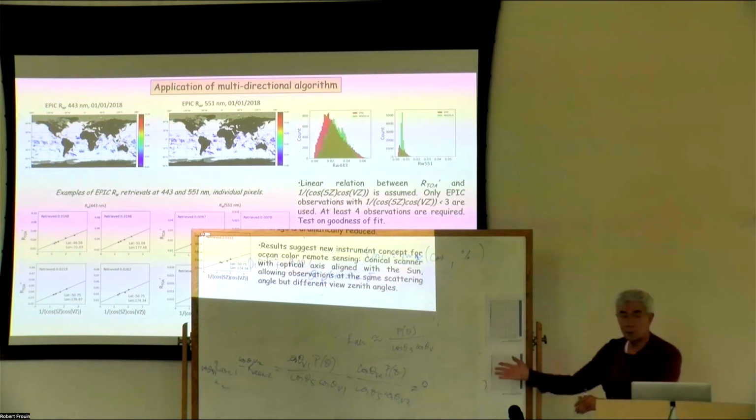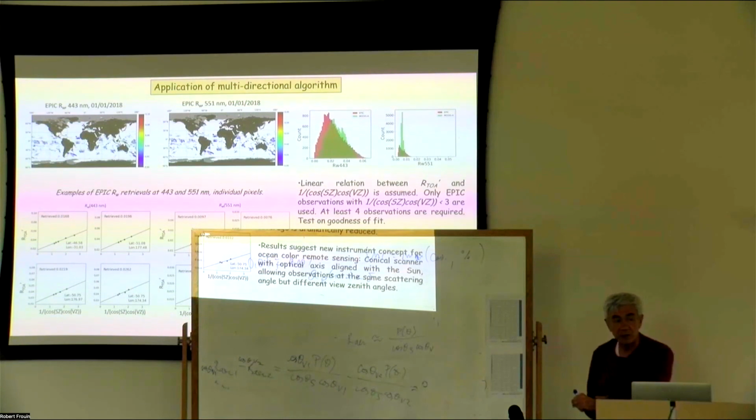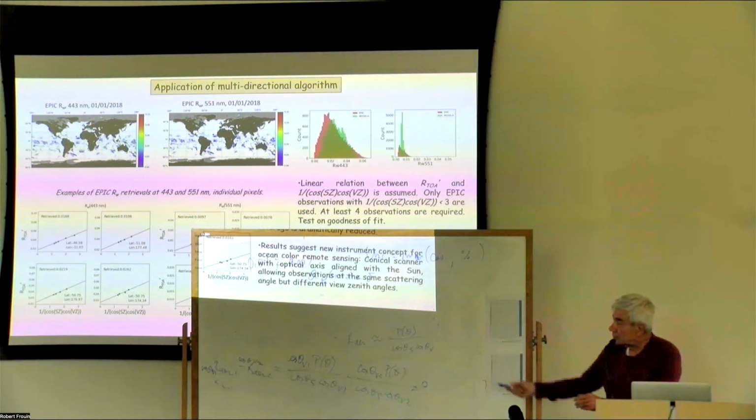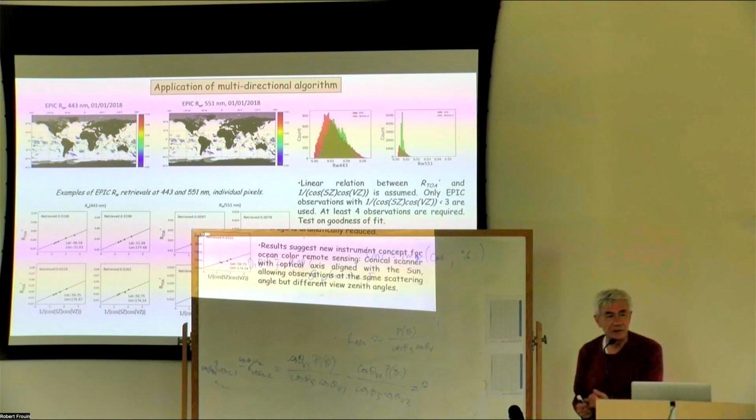So if you do this combination, with two viewing angles at the same scattering angle, simply by doing cosine theta V1 times R aerosol 1 minus cosine theta V2 times R aerosol 2, you eliminate the perturbation of the atmosphere.